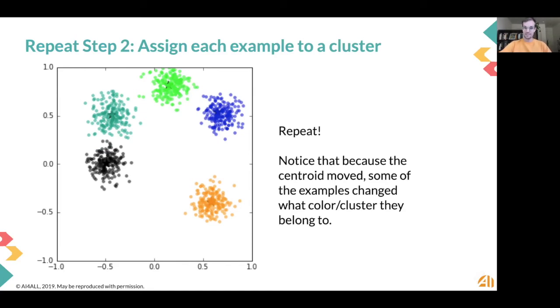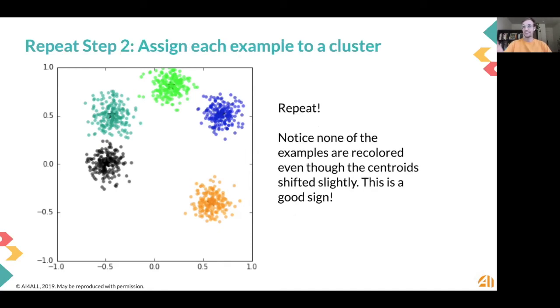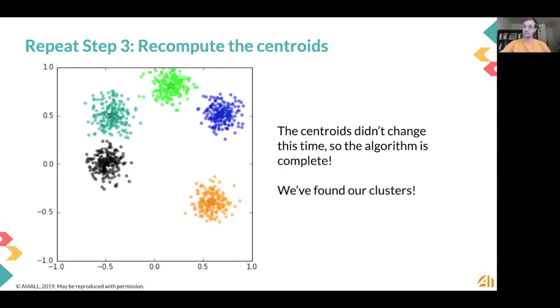At least in this particular example, we're now continuing to repeat and noticing that these stars aren't moving much anymore. So this is considered convergence, and this is a good sign. It means that we've settled into a set of clusters, and the algorithm is complete.